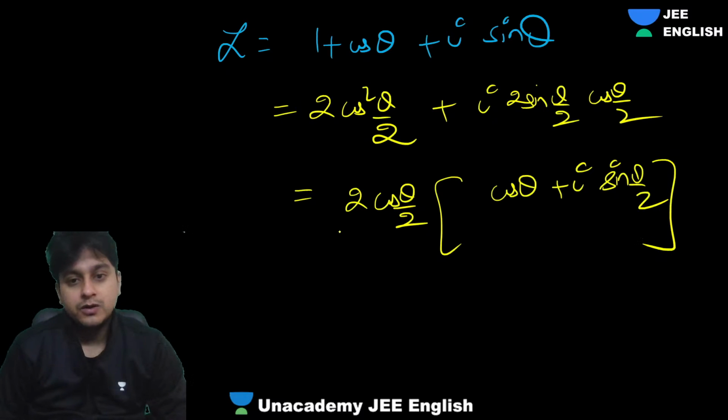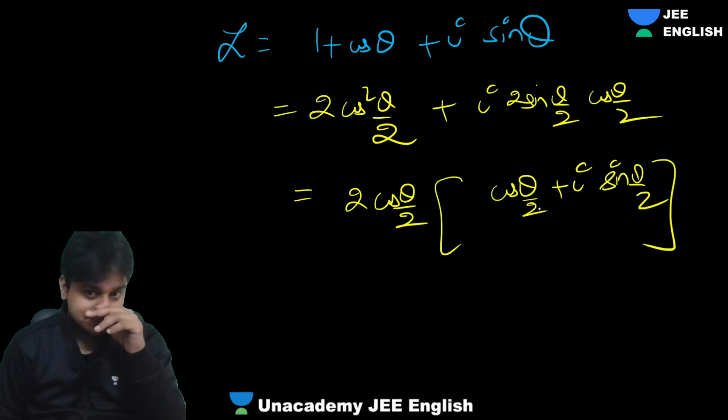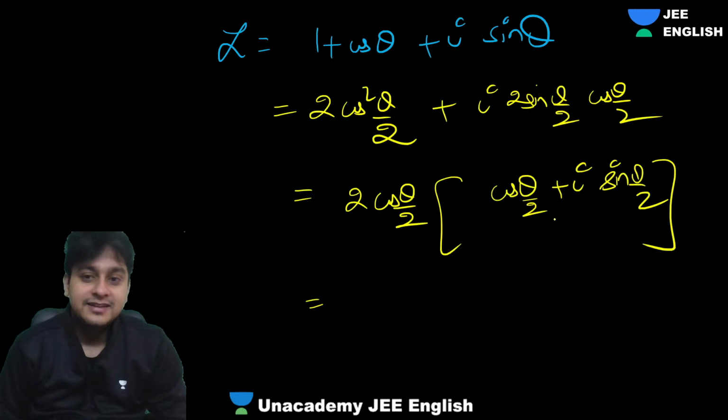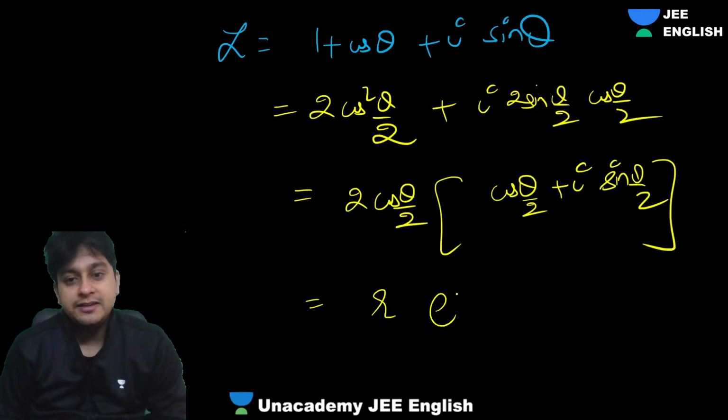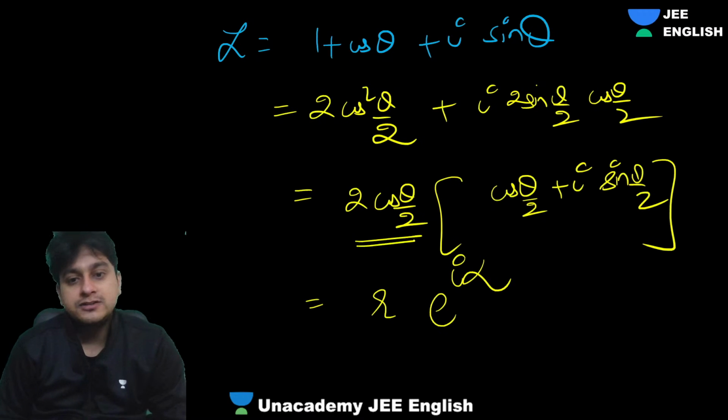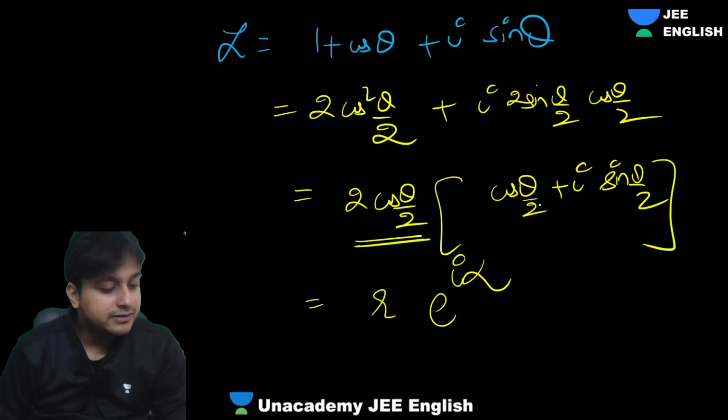This is my R, and this is R e power I alpha, so this is the argument. So you can say mod z is this, and the argument is theta by 2.